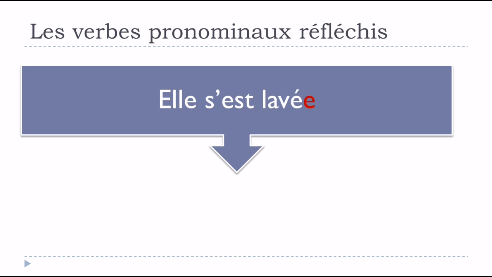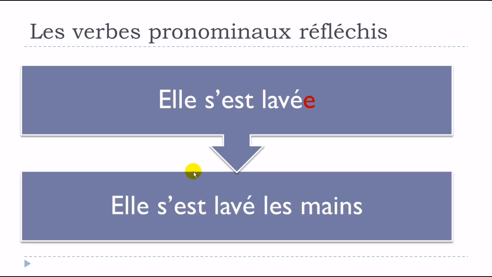Elle s'est lavée. So in that case, if you look carefully, as we saw previously, you should put the feminine form here at the end, because you are using être in that case. But then look, and that's the reason why you should be careful, elle s'est lavée, and then you don't put anything here, so you take away your feminine form, and you've got your complément d'objet direct after, so elle s'est lavé les mains.